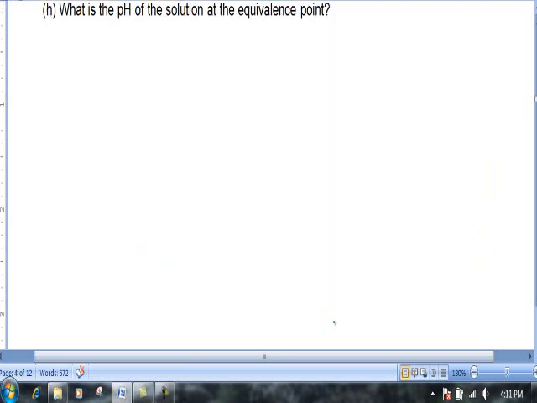The next part in our calculation is saying, what's the pH if we were to calculate it at the equivalence point in our titration? Now keep in mind, at the equivalence point, the only things present are salt and water. Consequently, the reaction we're going to have will be the hydrolysis reaction for the conjugate base of our weak acid reacting with water.